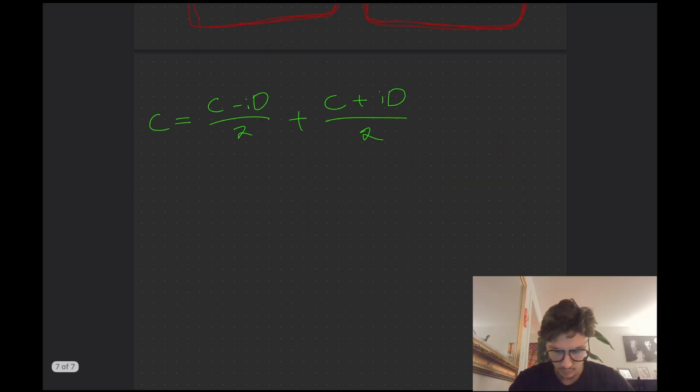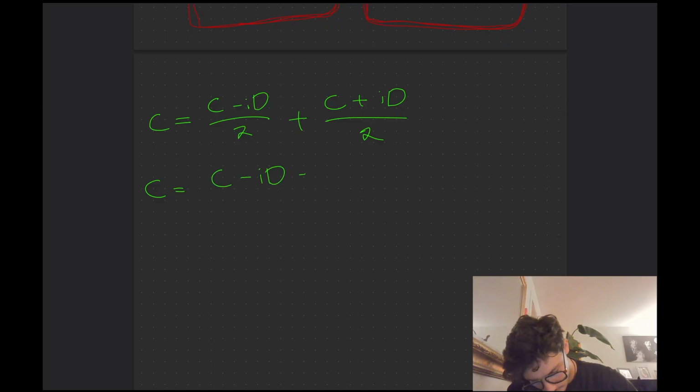We should get some unity here, C equals C or something like this. Everything combines because the denominator is the same, so we have C minus ID plus C plus ID over 2.